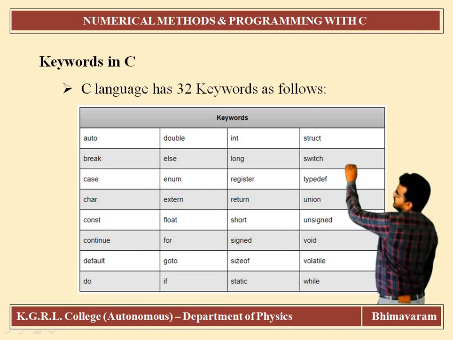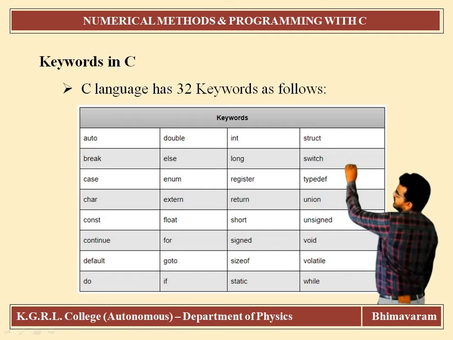What are they? auto, break, case, char, const, continue, default, do, double, else, enum, extern, float, for, goto, if, int, long, register, return, short, signed, sizeof, static, struct, switch, typedef, union, unsigned, void, volatile, while.